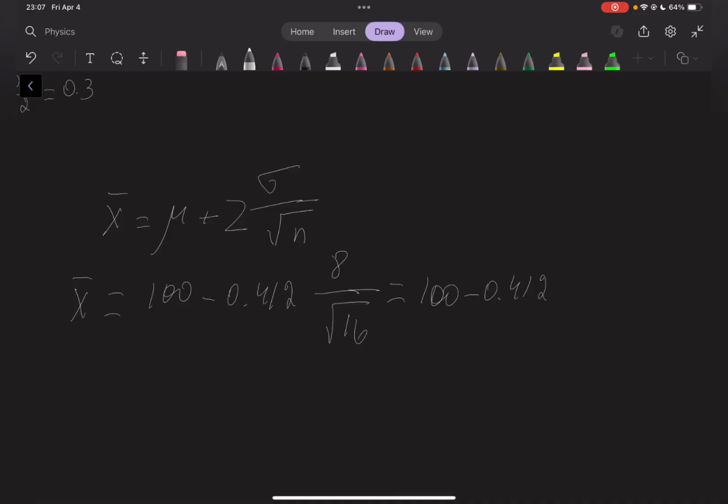The square root of 16 is 4, 8 over 4 is 2, so times 2, it's going to be 100 minus 0.824.